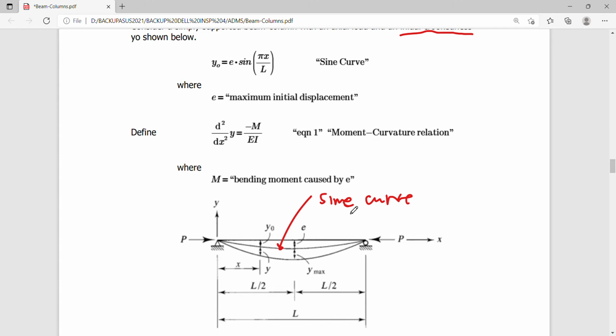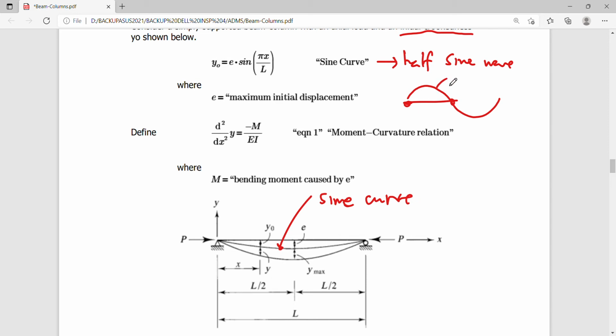So Y0 is simply a function of the angle considered. So this is a half sine wave. As a sine wave, a full sine wave is like this, so we only consider one half of this as part of the initial curve here.